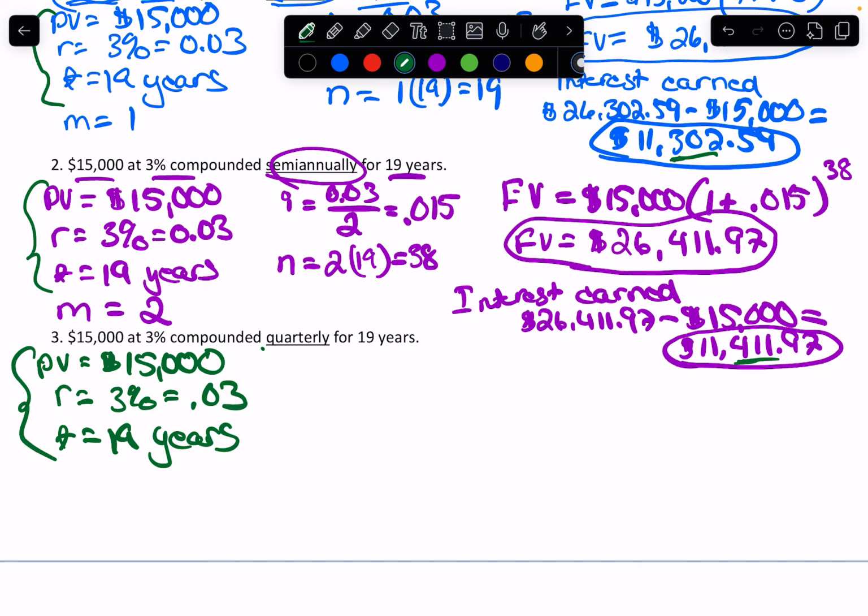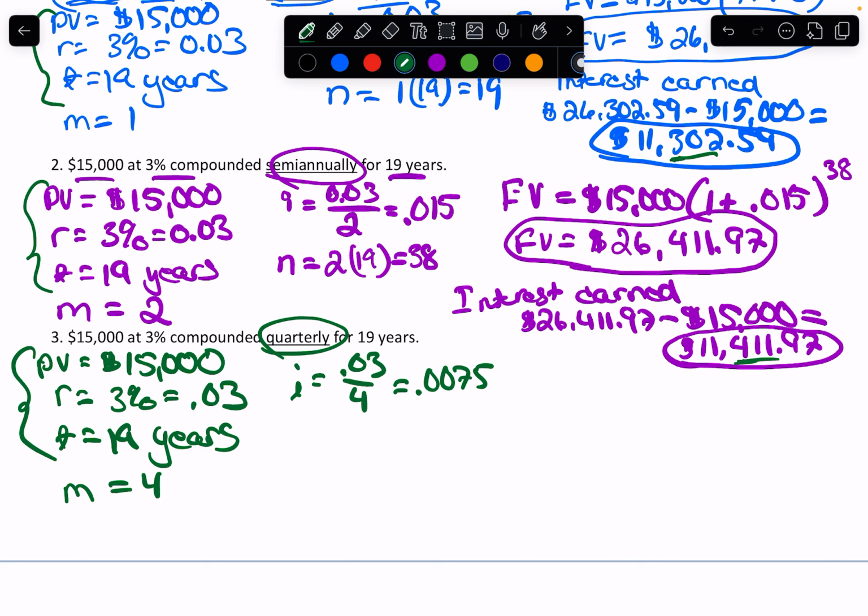Now the difference is the quarterly compounding. So our m is going to be 4. i is 0.03 divided by 4, which for some reason I don't have that calculation here. 0.03 divided by 4 is 0.0075. That's probably okay.